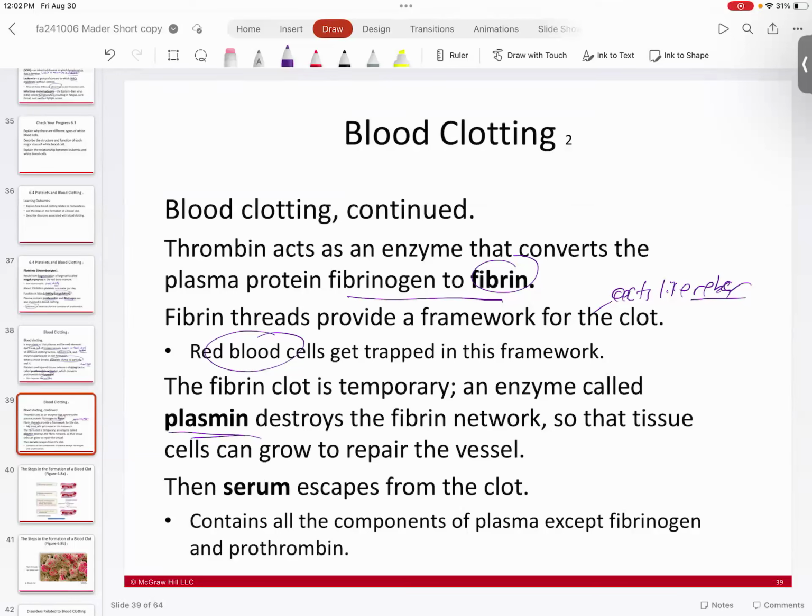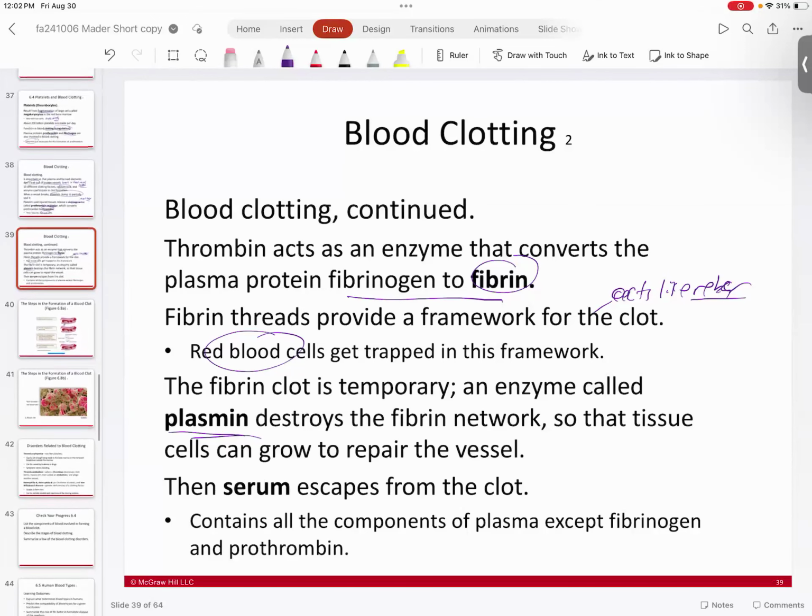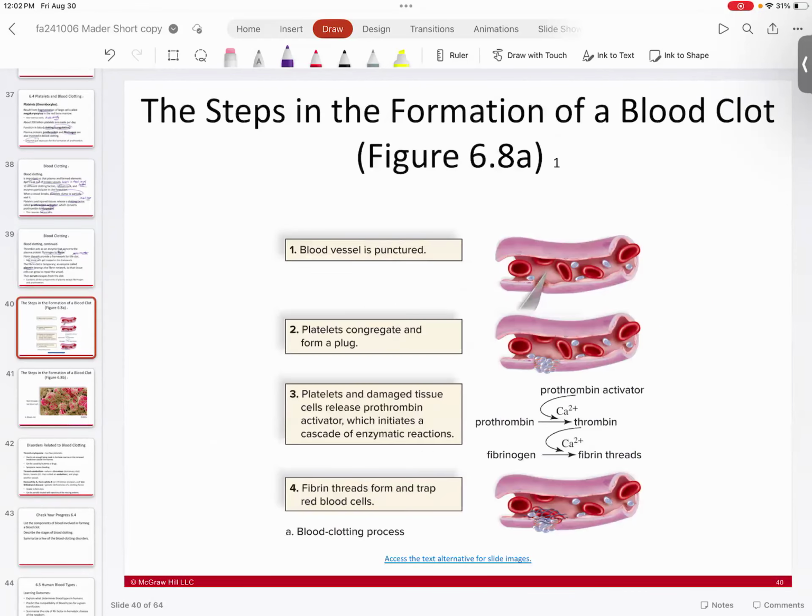But sometimes it will escape from the clot and ooze through it, and you'll get that little fluidy oozing effect that you see with different types of injuries. Ultimately, your serum will have all the components of the plasma except for fibrinogen and prothrombin. So that's kind of what it looks like.